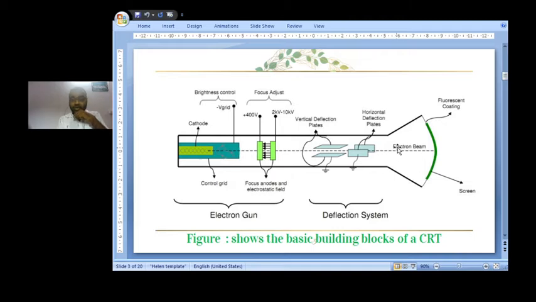And when all these electrons reach here, then we can see a green colored waveform, which is basically that waveform which is fed to this. Now this is the basic block diagram.